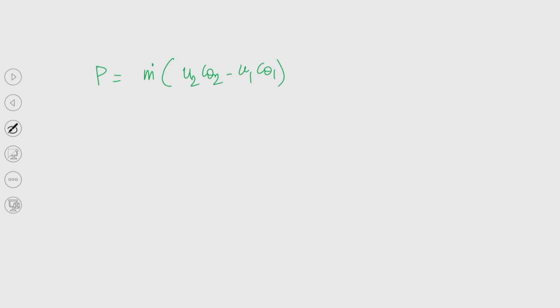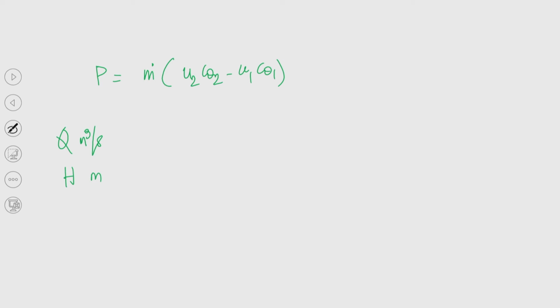So, if we assume that particular pump is installed in a place where the pump is expected to supply Q meter cube per second, this is the quantity, this amount will be discharged by the pump against a head of H meter, right.